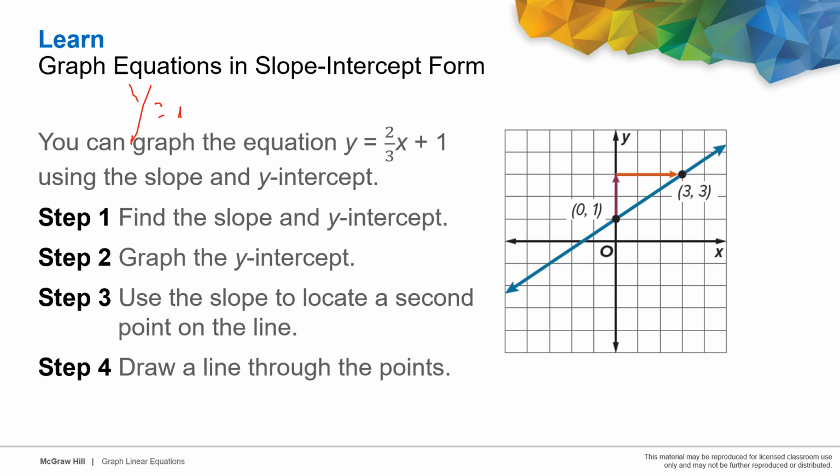Y equals mx plus b. All right, and you can see here you have y equals mx plus b. They just have numbers where your m and your b should be. So your m slope is 2/3, and your b, your y-intercept, is 1.